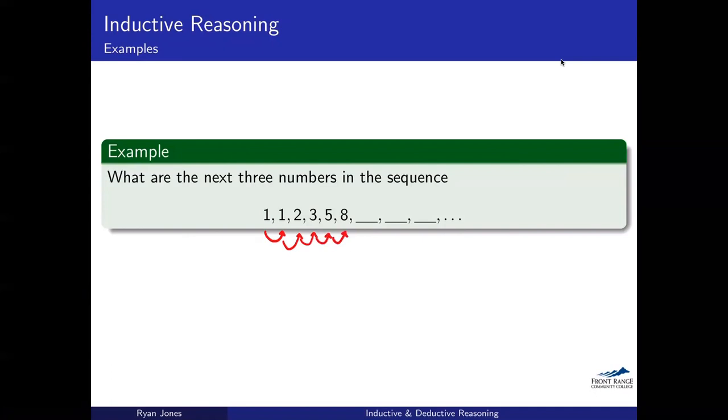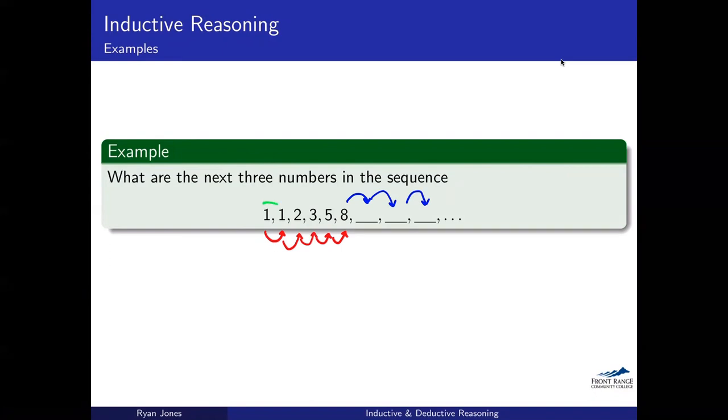And the question here is, what happens next? What are my next numbers that I get? If you look carefully at this, you should be able to tell that the previous two numbers added together will give me the next number.